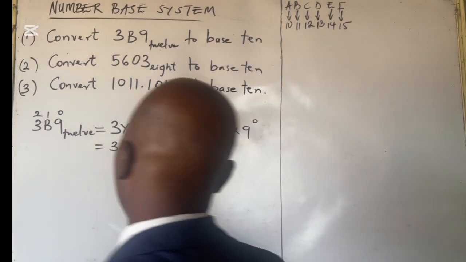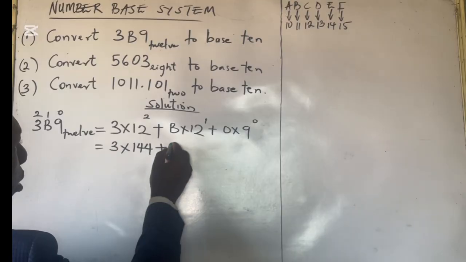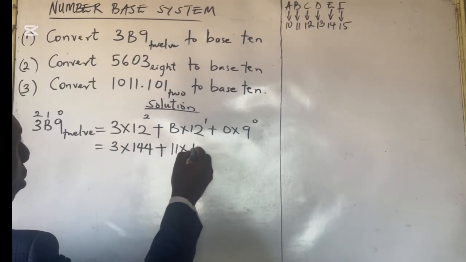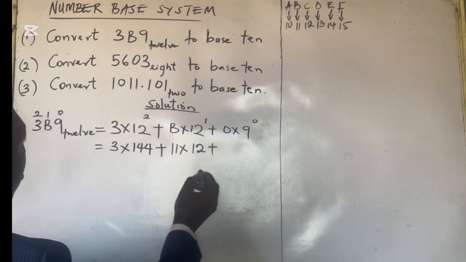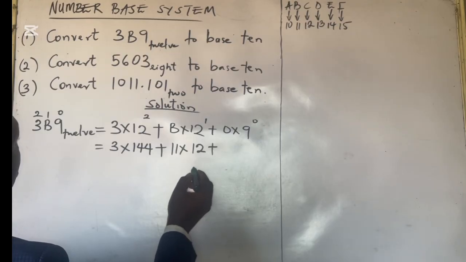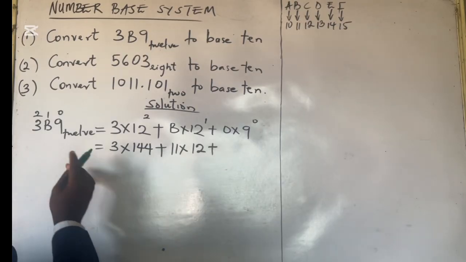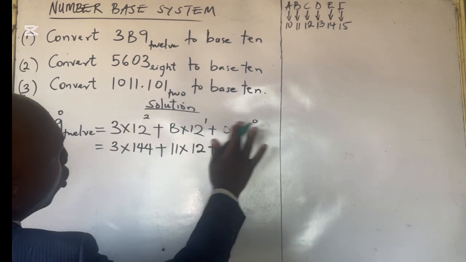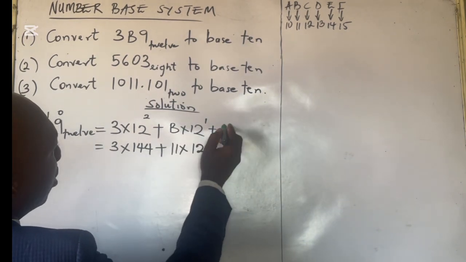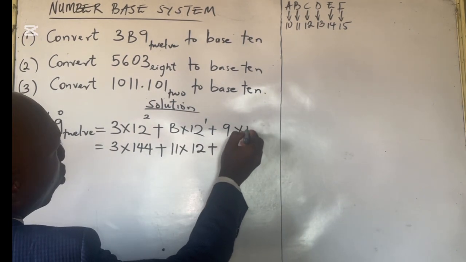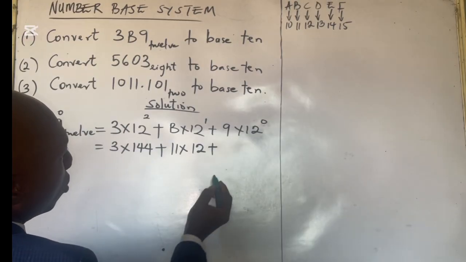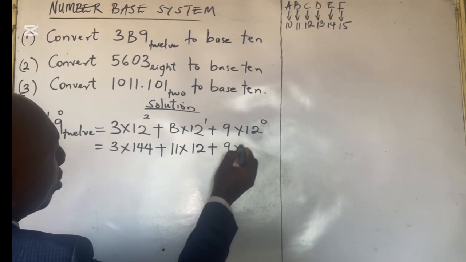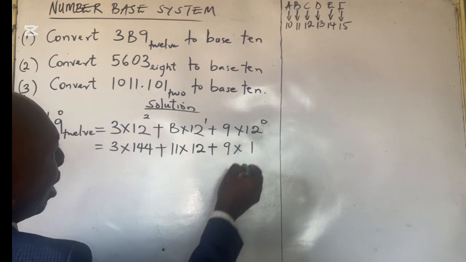So we say 11 times 12 raised to power 1, which is 12, plus 9 times 12 raised to power 0. 12 raised to power 0 is 1.